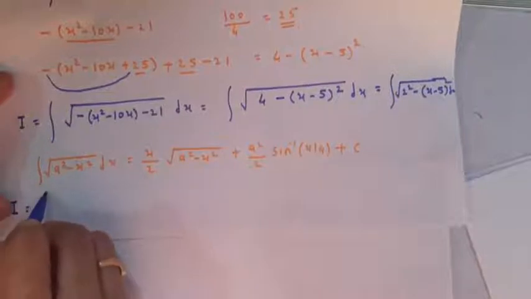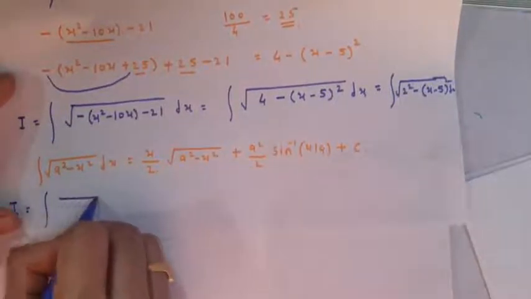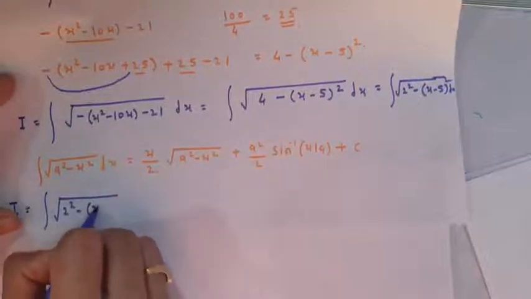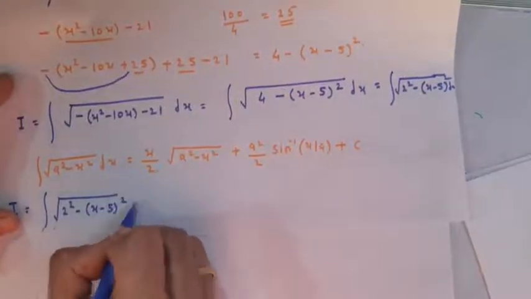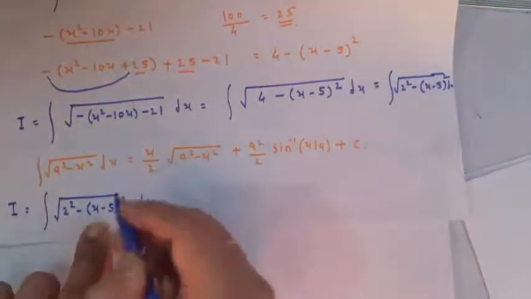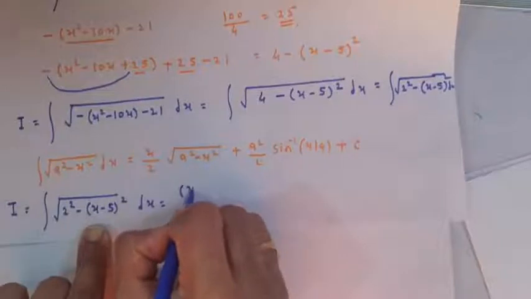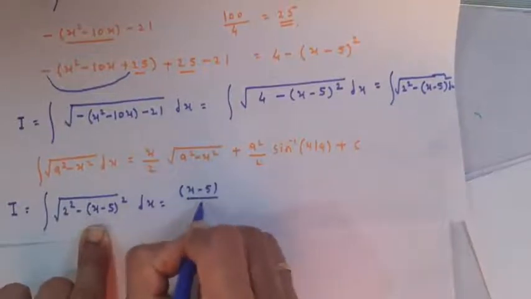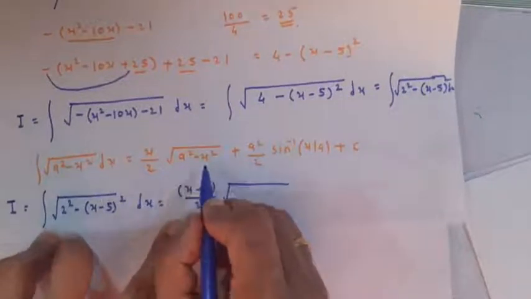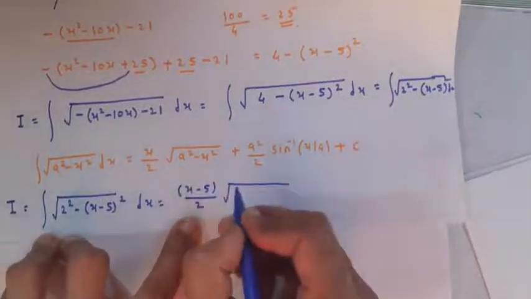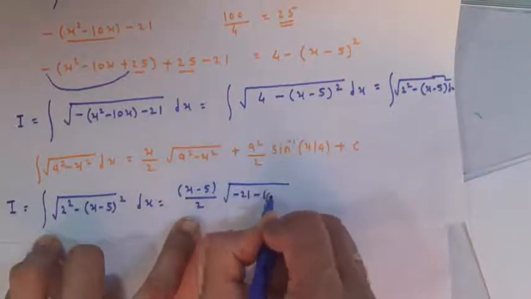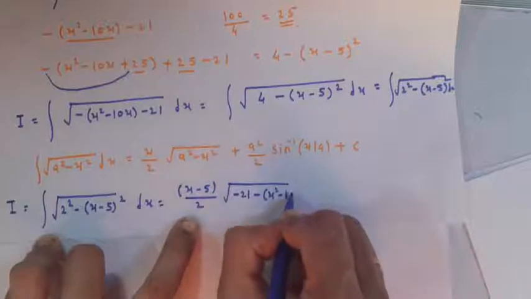I equal to the integration of square root of 2 square minus (x minus 5) whole square with respect to x equal to, x means here x minus 5, so (x minus 5) upon 2 square root of a square minus x square, that is, minus 21 minus x square minus 10x.